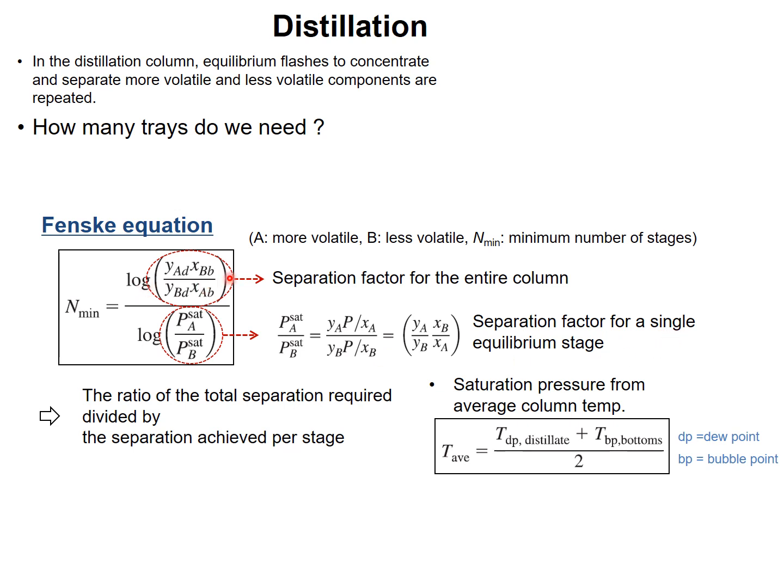and the numerator value is the separation factor we want to have. So if this number is larger than this number, we need to have more stages. So this ratio gives the minimum number of stages.